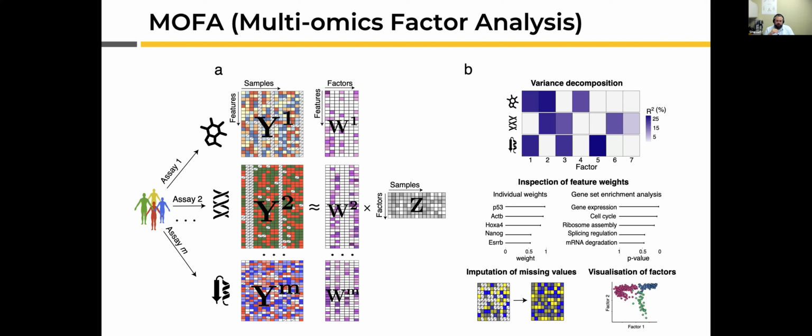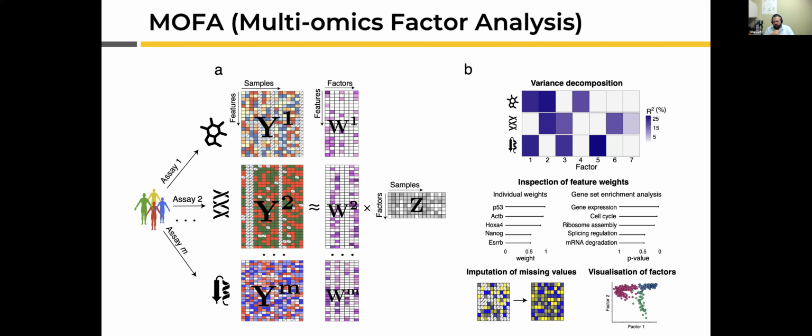So you give it all your samples, but you don't necessarily give it the groups. You can, there's another method for that. But in its most basic form, the MOFA method isn't interested in knowing ahead of time the groups that your samples belong to.